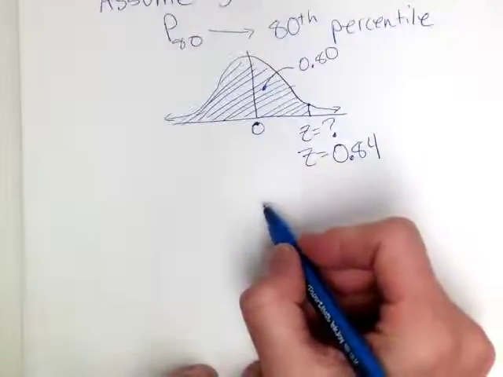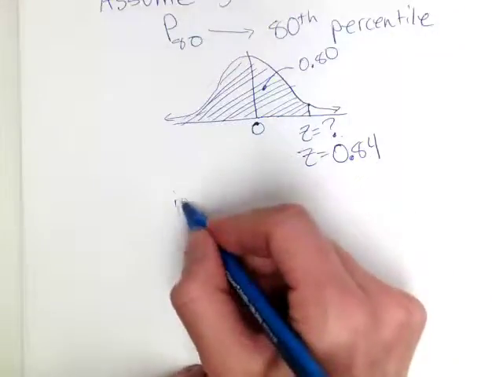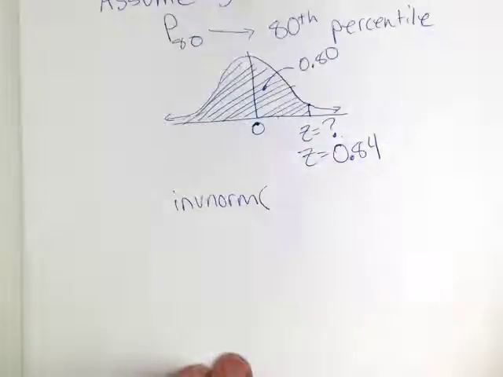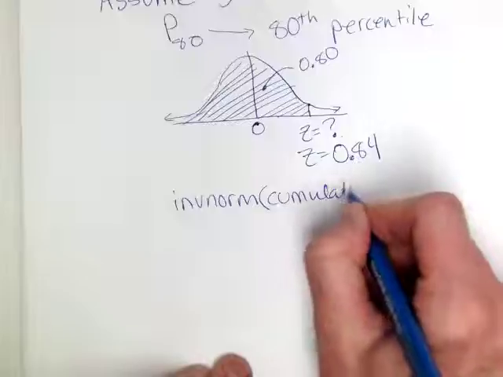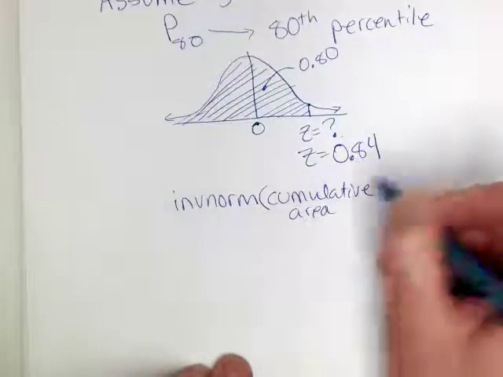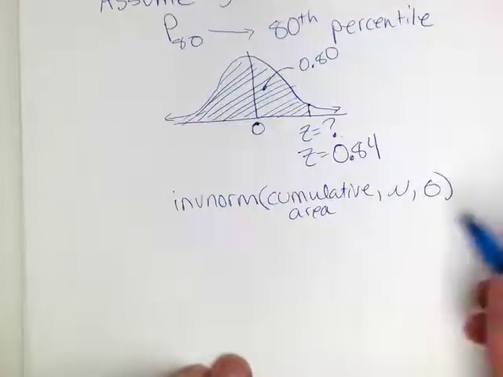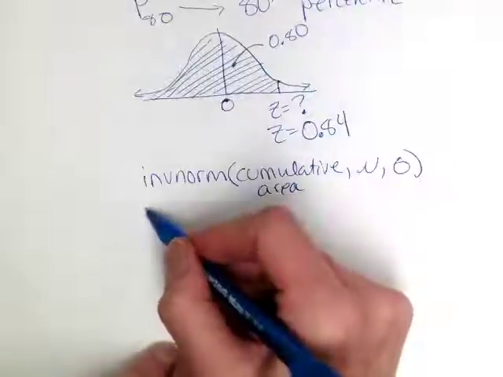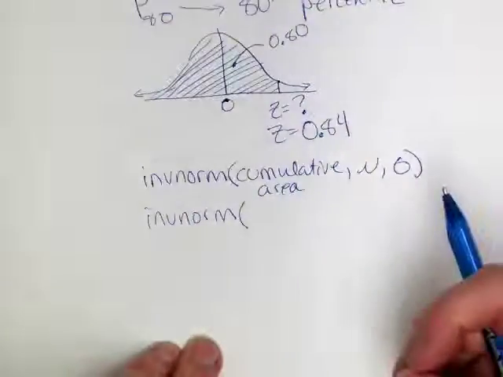If you're working with an older calculator, once you select inverse norm, it's going to get you back to your home screen, and it's going to need a cumulative area, separated by commas, mu, and then sigma. If you close the parentheses right here, you're telling the calculator we're working with standard normal.